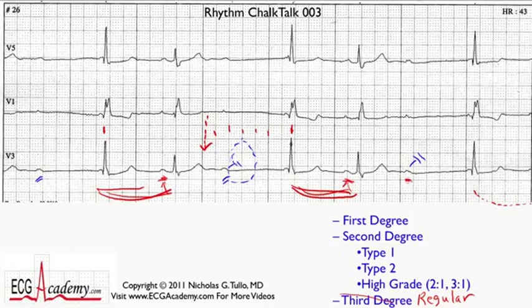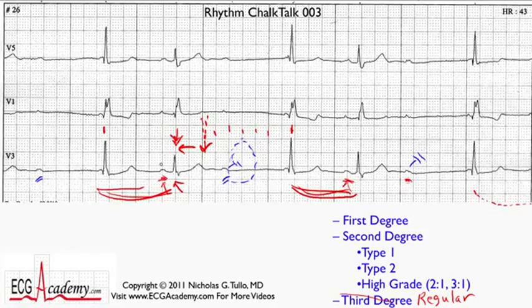And so if this was an escape rhythm, and none of the P waves were getting through, then a QRS would have fallen somewhere around here. But instead, what happened is this QRS was moved up. It occurred earlier. So that tells you this QRS had to have been conducted from above. It makes sense because there is indeed a P wave in front of it.